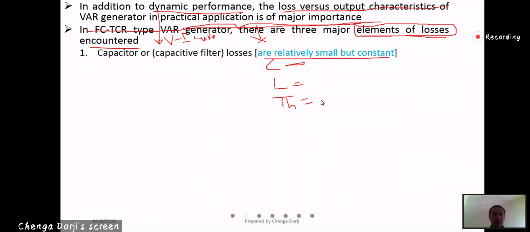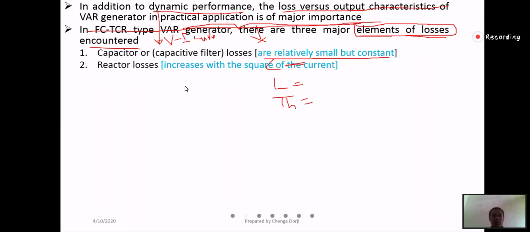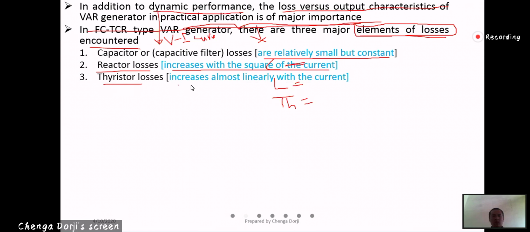Then the other one is reactor losses, which occur in the inductor; it increases with the square of the current, that is I_L squared. And then the third loss is thyristor loss, which increases with the current linearly. So these are the three major losses occurring in FC-TCR.